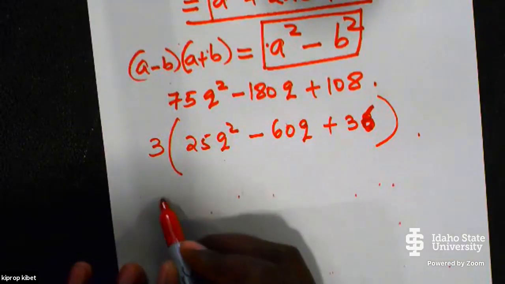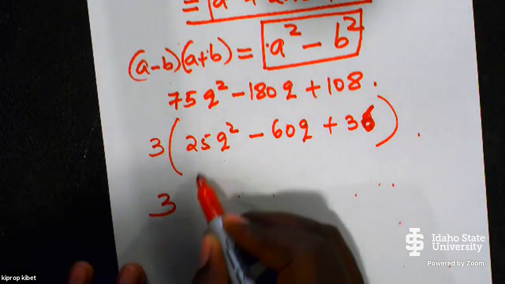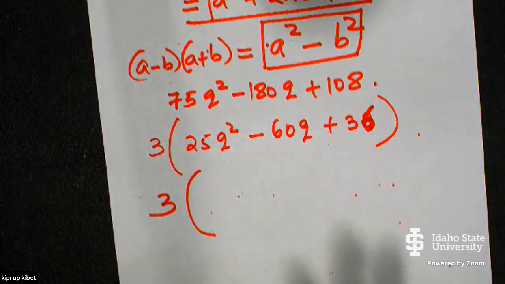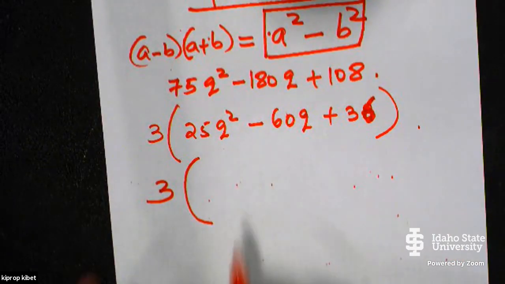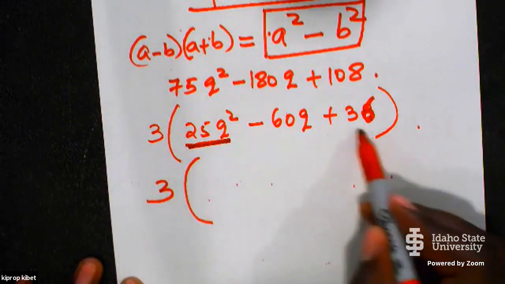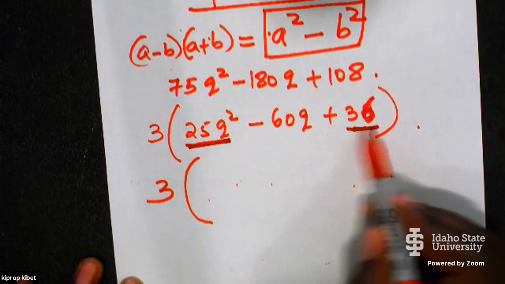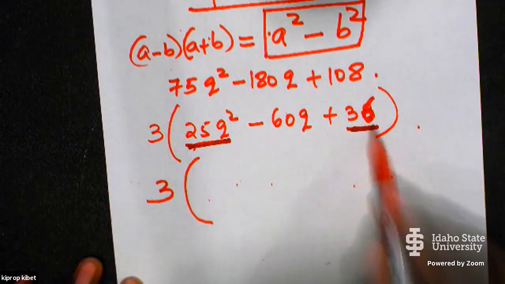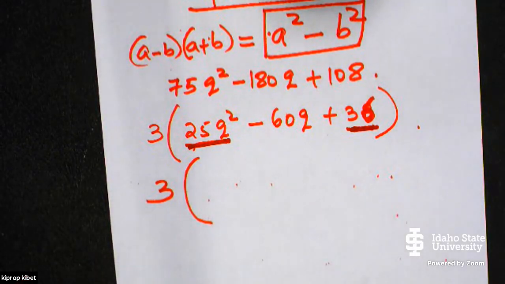So to get the factors here, you look at this to get the values of a and b.